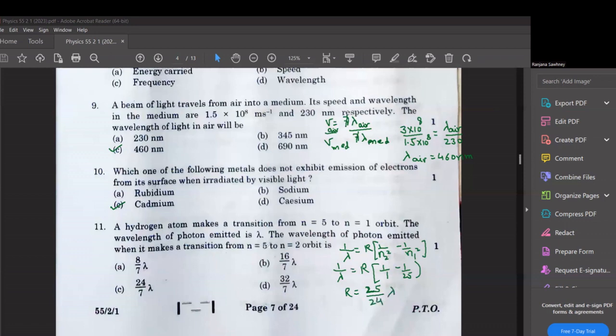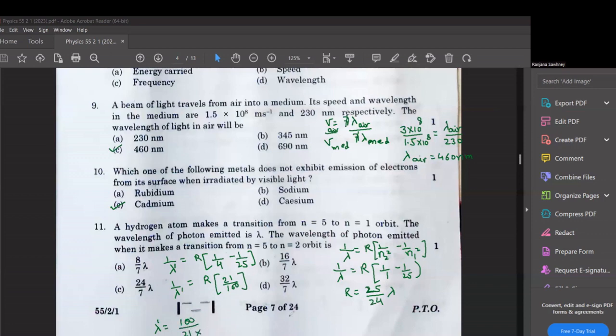Now let's come here. When it makes the transition from n equal to 5 to n equal to 2, let the wavelength be lambda dash. So we can write 1 upon lambda dash is equal to R into (1 upon 4 minus 1 upon 25). So 1 upon lambda dash is equal to R into 21 upon 100, or lambda dash is equal to 100 upon 21 into lambda.